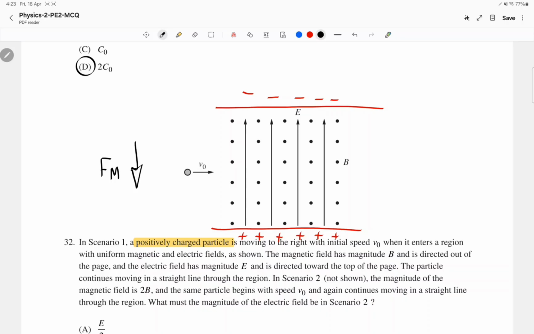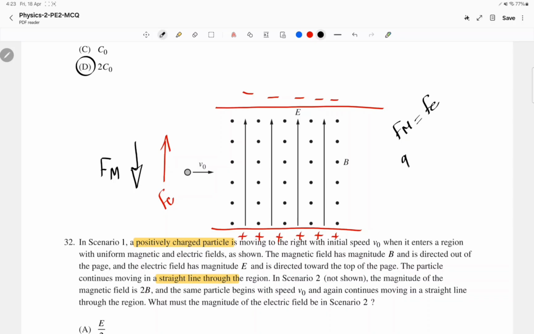But the electric force is pushing it upward. But somehow it keeps moving in a straight line. Meaning that the magnetic force is equal to the electric force.